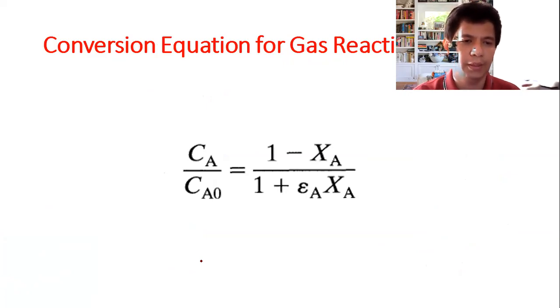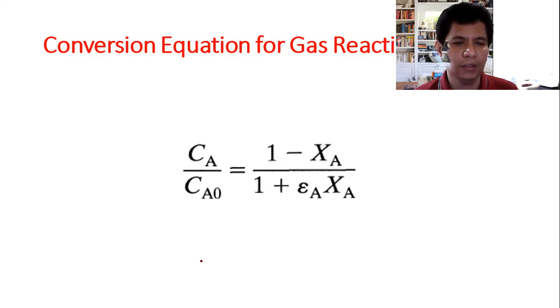Basically, C_A over the initial concentration of A, C_A over C_A0, this is also equal to F_A0 divided by v. So that is the original equation here, F_A0 divided by v. And then, based on the definition of conversion, F_A0 times (1 minus X_A), that's why we have 1 minus X_A, and then in the denominator we have 1 plus epsilon X_A. Do you still remember? Basically, C_A0 times (1 minus X_A) is F_A.